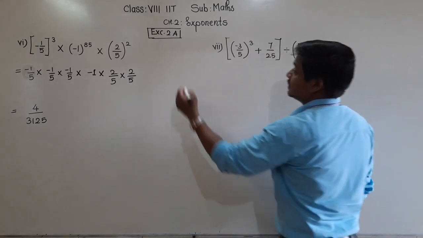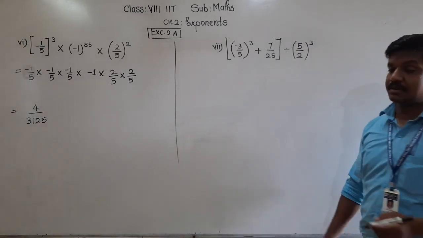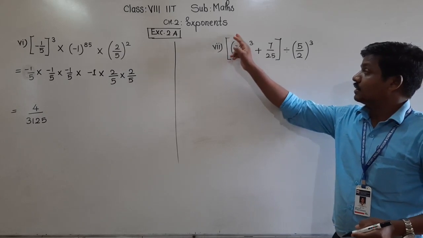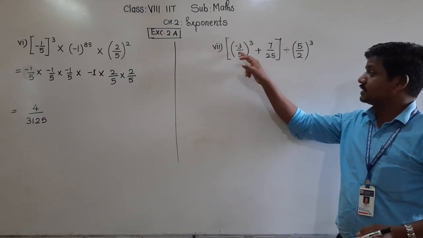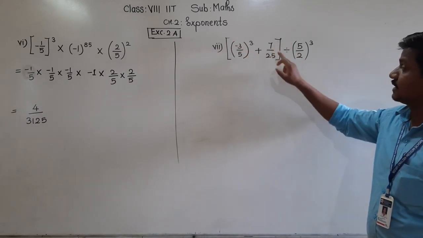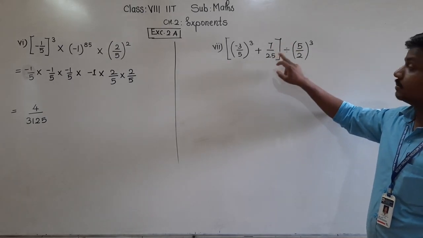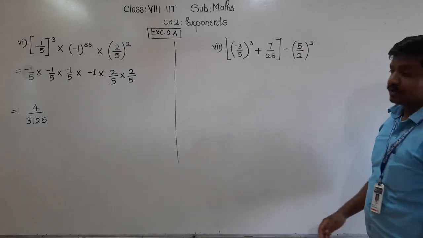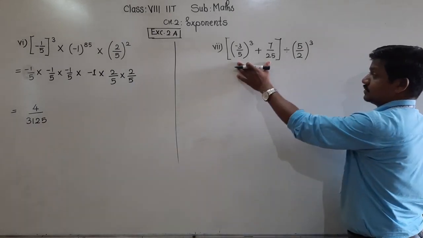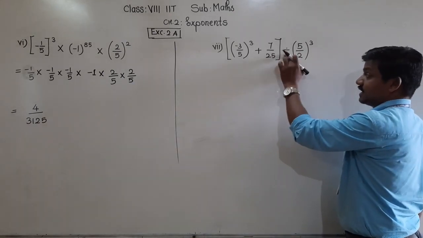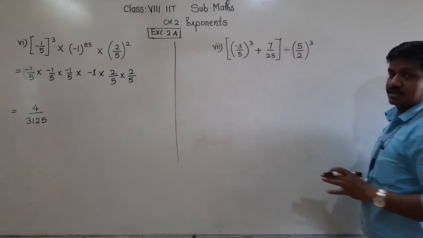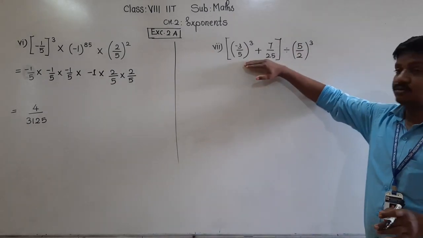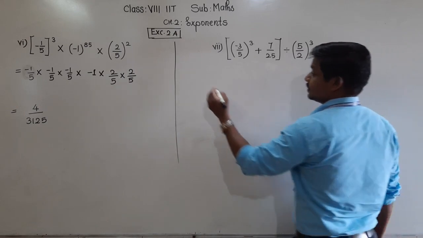The 7th one. See, the 7th example. In the square bracket, (minus 3 upon 5) raised to the power 3 plus 7 upon 25. Bracket complete. Divide by (5 by 2) raised to the power 3. Means this example is divided by 5 by 2 raised to the power 3. Okay, so first let us solve the bracket as usual.